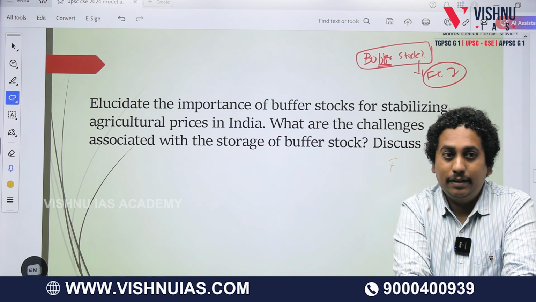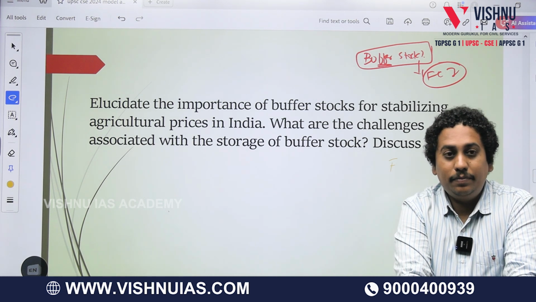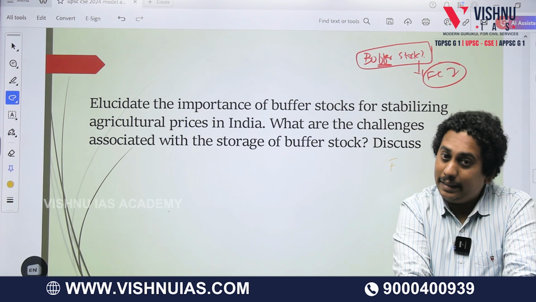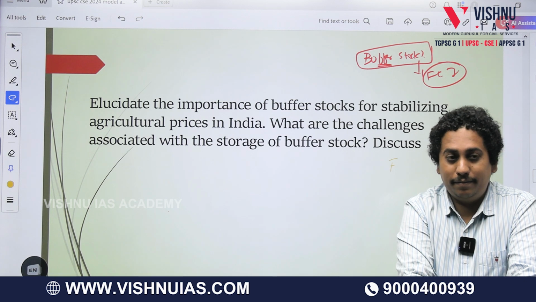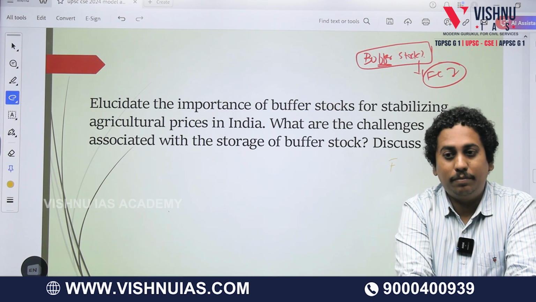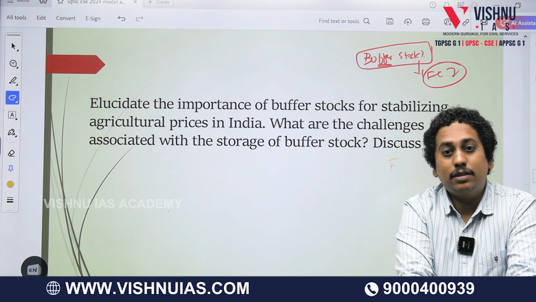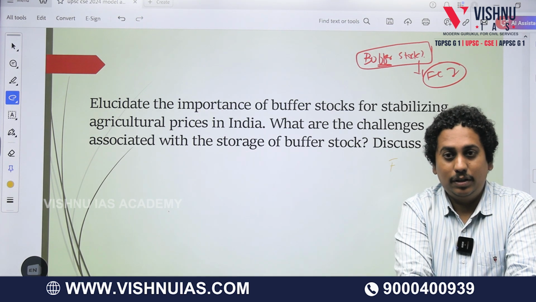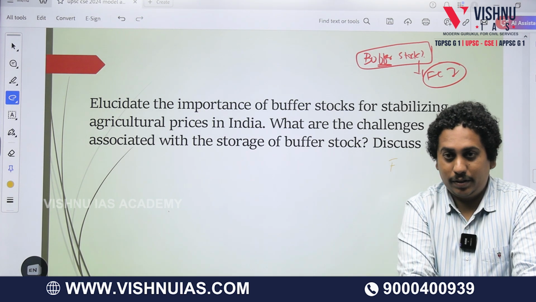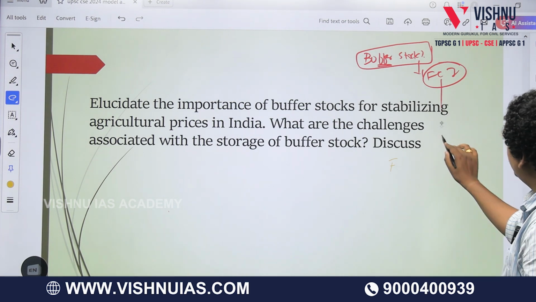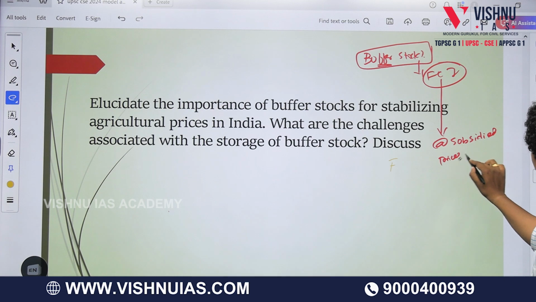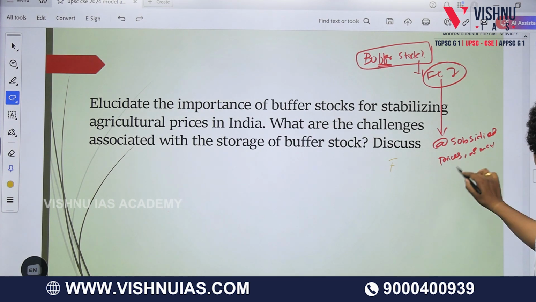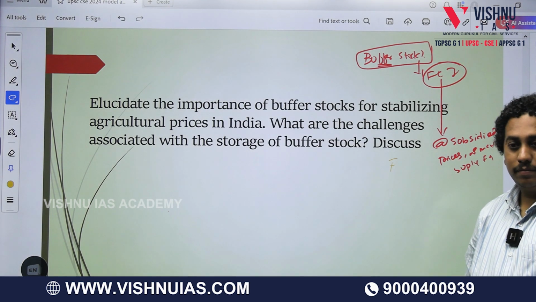Okay, try to understand. Whenever we come up with the concept of buffer stock, in this regard, we have the utilization of buffer stock at subsidizing the food grains to the people of India. Because of buffer stock, through FCI, at subsidized prices we may supply food grains.